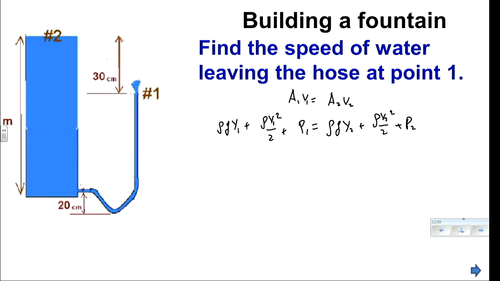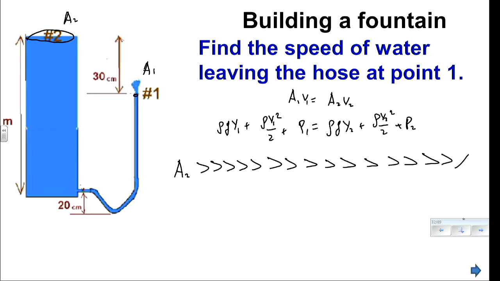Now we can start thinking a little, not too much, not too hard. First of all, in this situation, you don't know it, but I'm going to tell you right now, we have to make certain approximations. For example, if you look at this picture, this area is much larger than the area of this hose. How do we write it? A2 is much greater than A1.